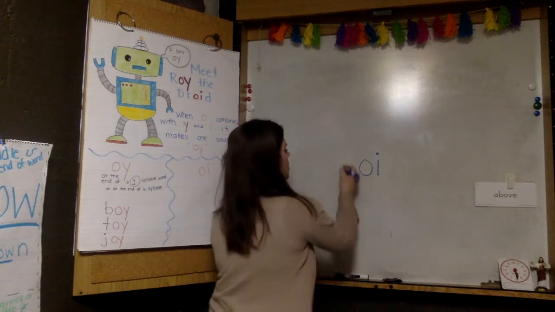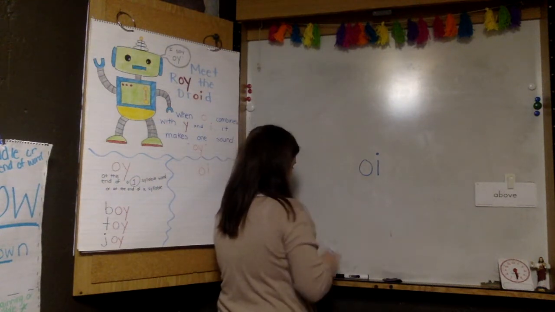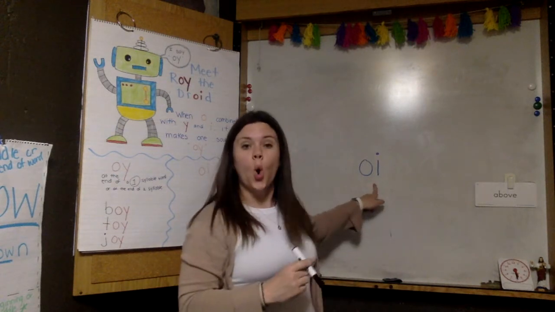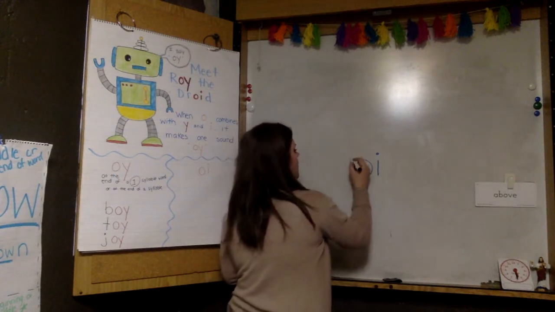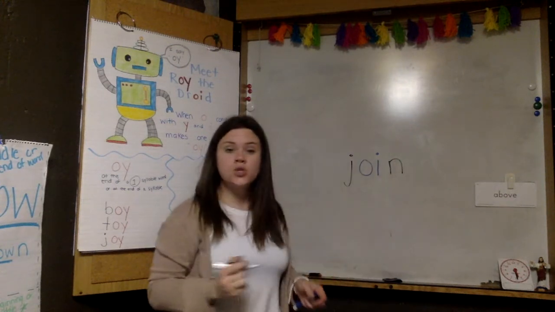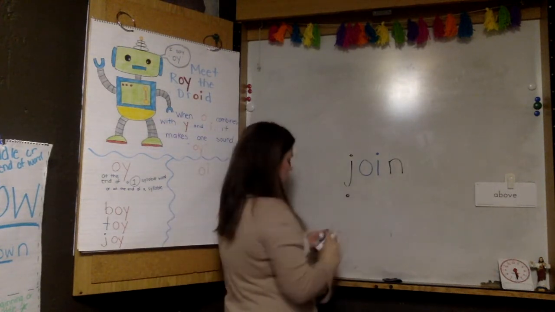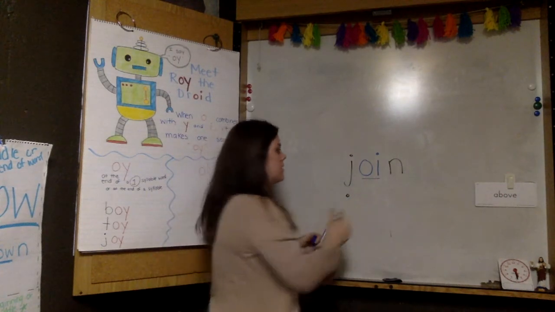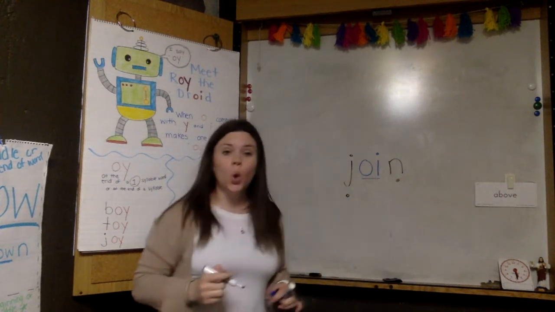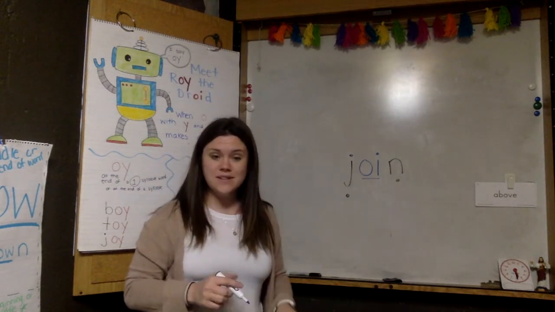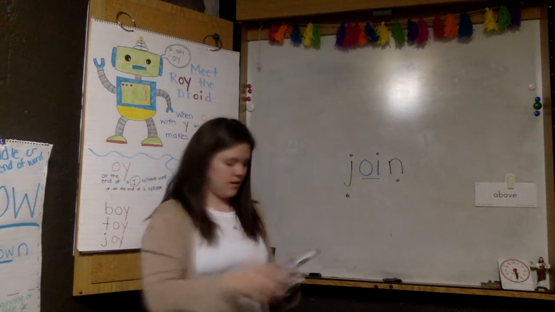Like in the word, let's not write with a Sharpie on my board here. So OI says oi, right? How about join? J says j. OI works together to say oi. Join. Did you join Boy Scouts this year? Join, right?